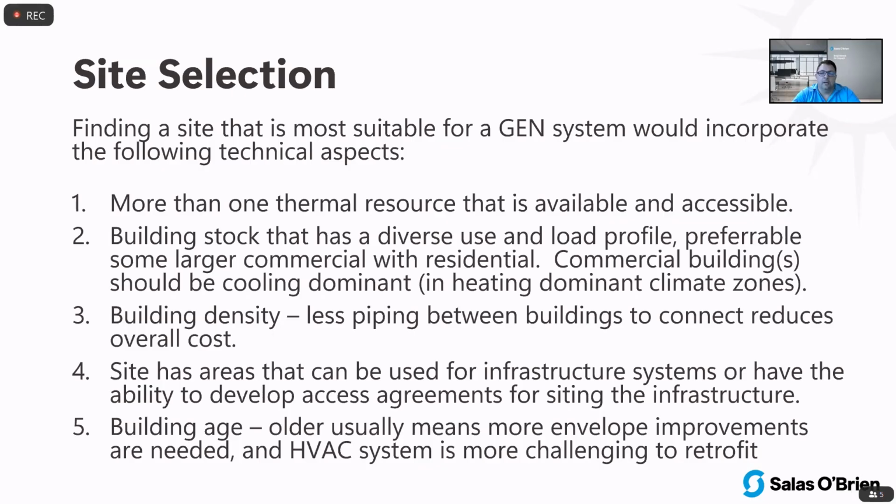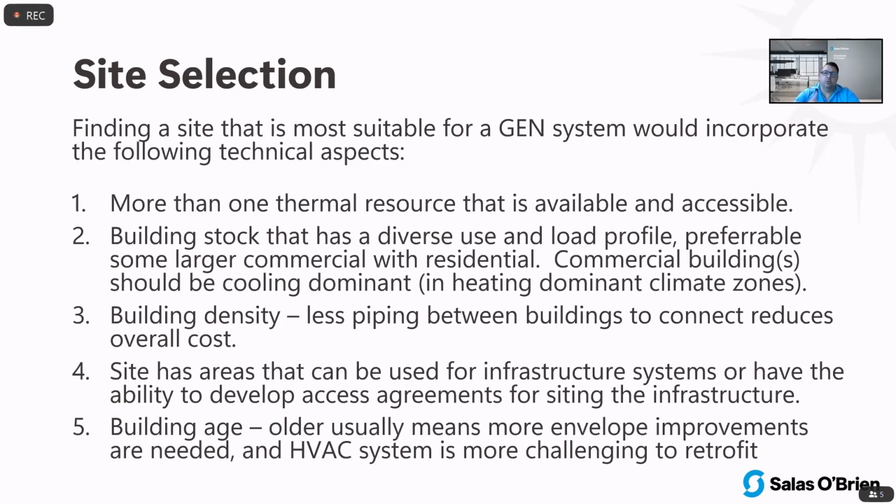So we don't get a real benefit from the diverse loads on the peak sizing, which then doesn't offset any capital expenditures. So what we're really looking for is commercial buildings that, in heating dominant climate zones, have cooling dominant load profiles, so we can share that energy with some residential buildings on that same network.